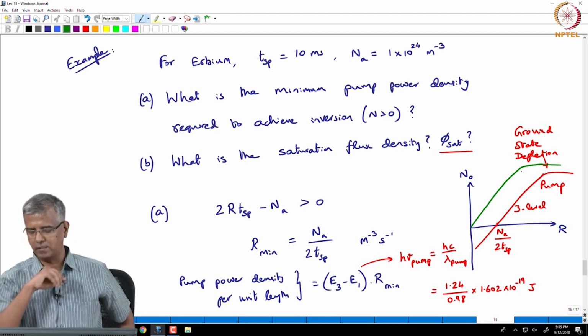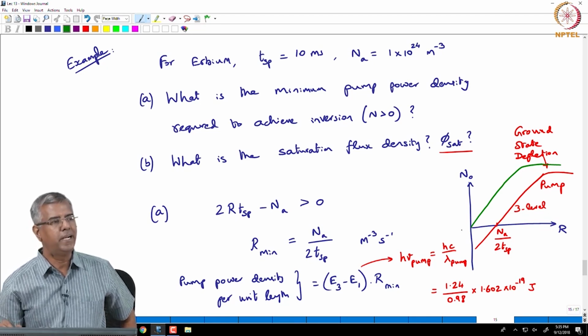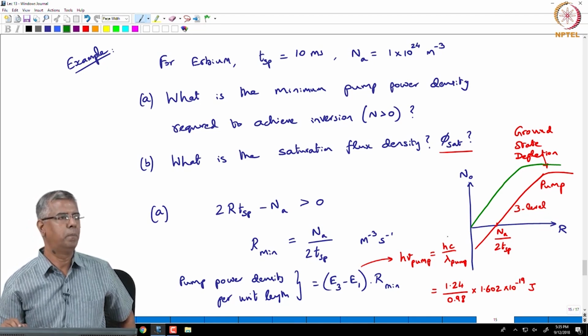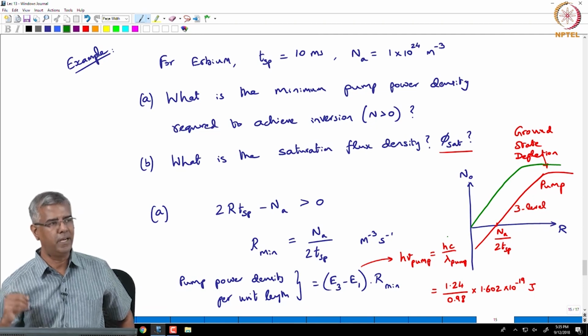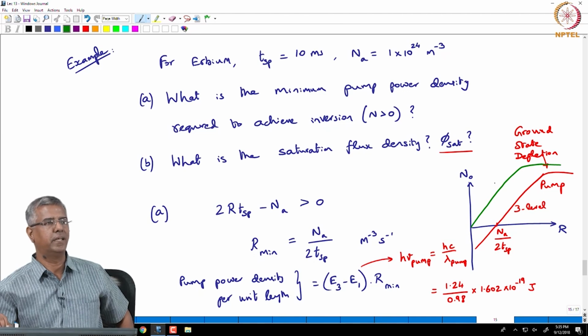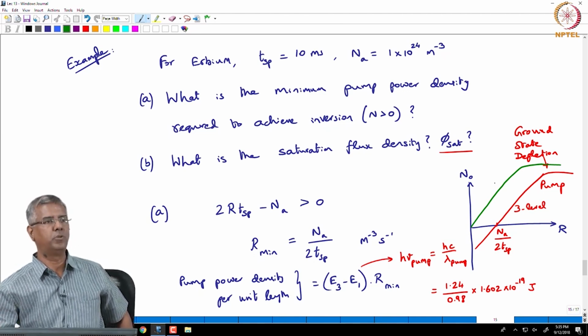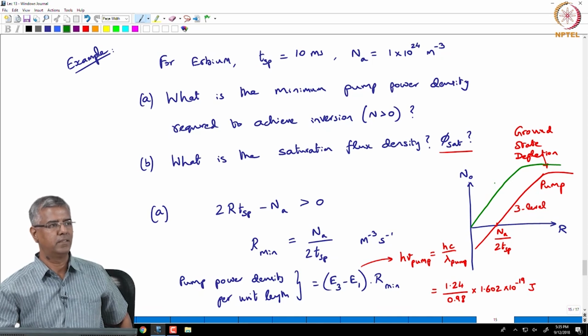It is going to look like this. The key point is, with very little pump energy, with very little pump photon, you can immediately get inversion, and through that you can get gain, right.